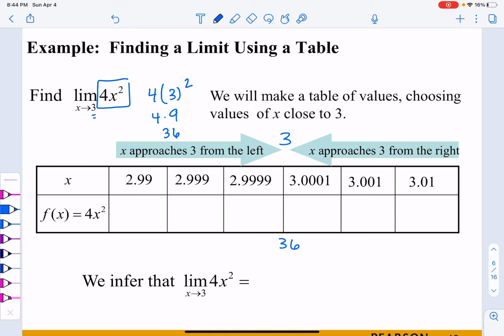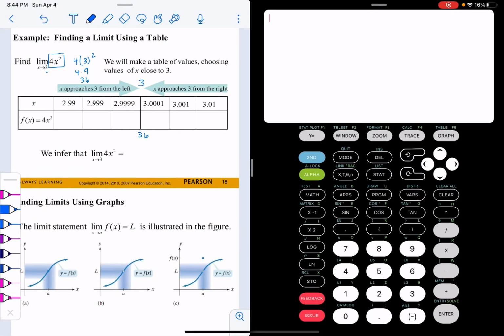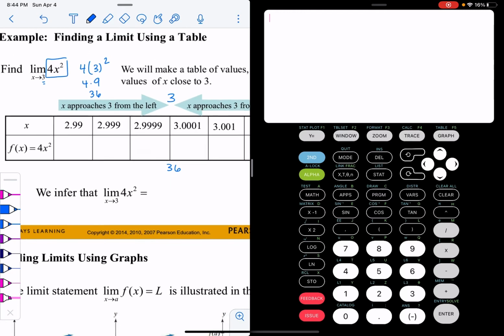So we're going to plug in these numbers, and all you're going to do is get a handy dandy calculator and plug some numbers in. We're taking 4 and multiplying it by our x value squared. Let's start with 2.99, and we end up with 35.7604.